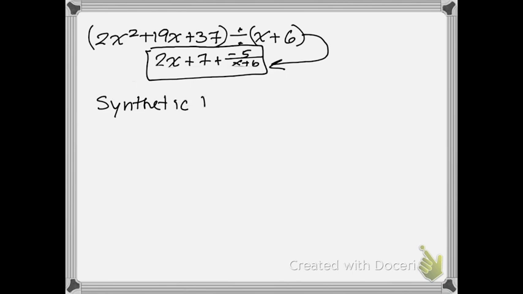In synthetic division, I start off with this box, and I place a number in the box based upon the divisor, here negative 6. So if I'm dividing by x plus 6, a negative 6 goes in the box. For instance, if I divide by x minus 2, then a 2 would go in the box like so.